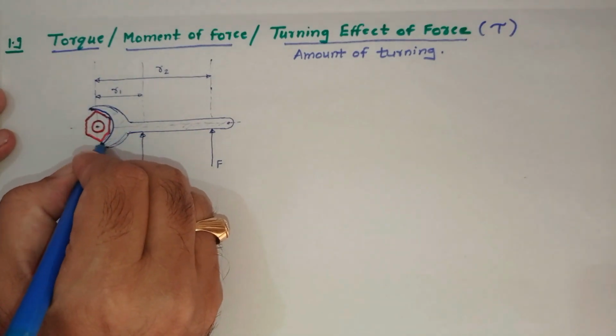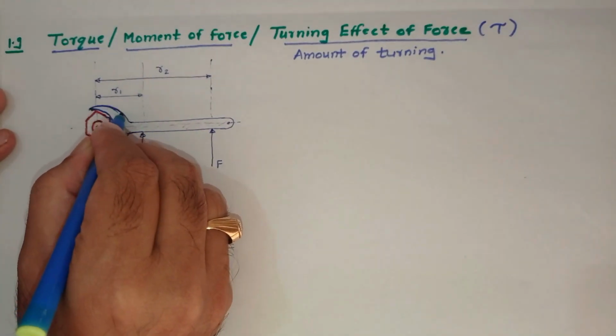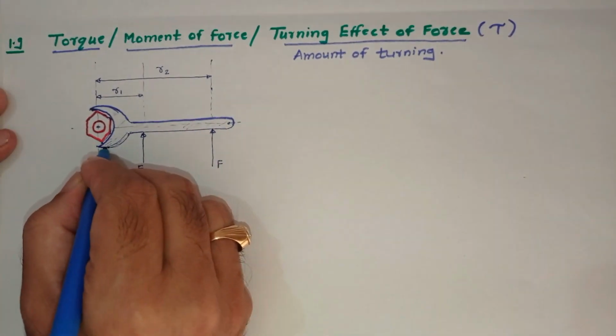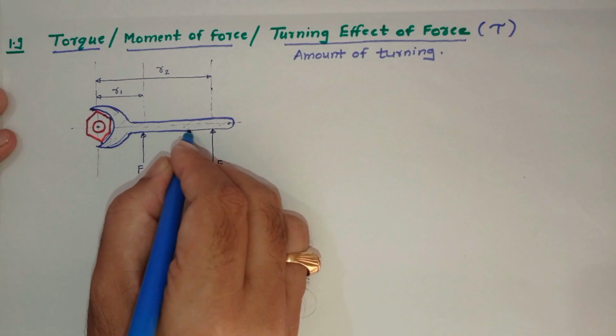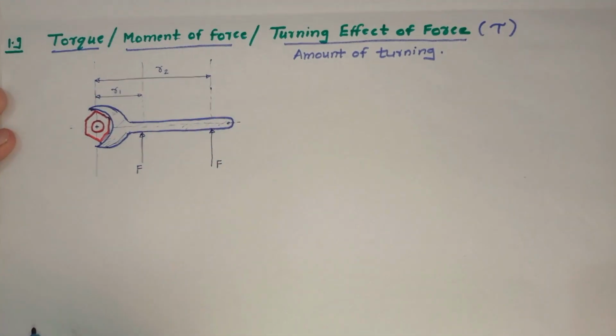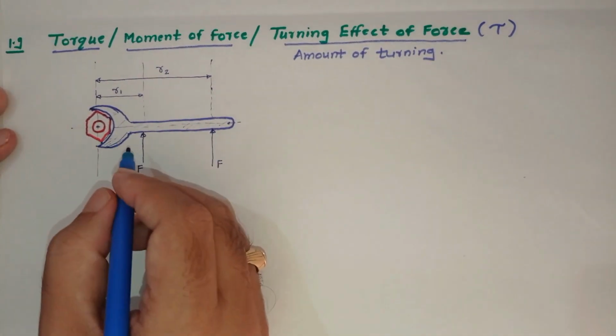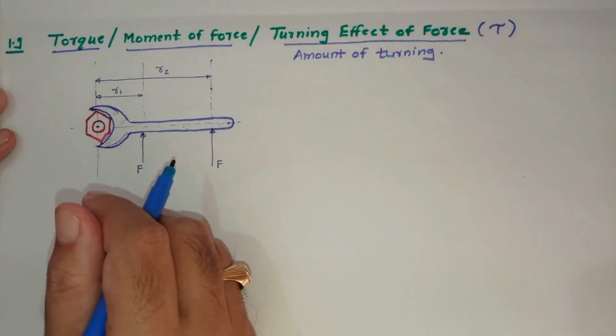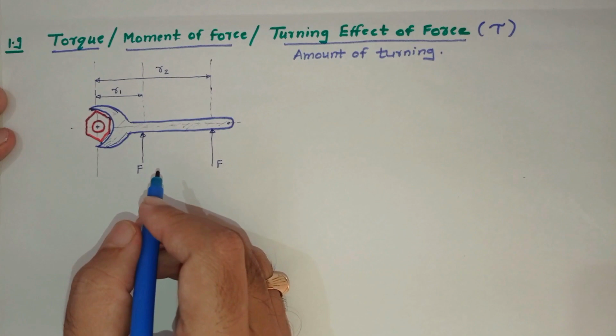So this is the spanner या wrench है. घर में आपने देखा होगा स्पैनर. Now with this spanner it is very easy to tighten this nut या loosen this nut.